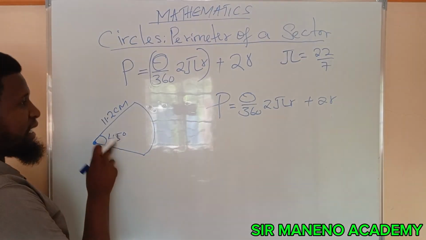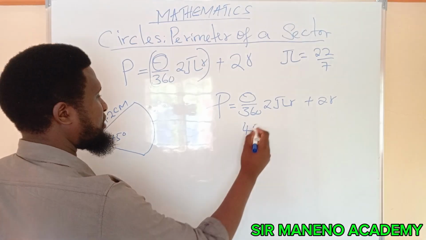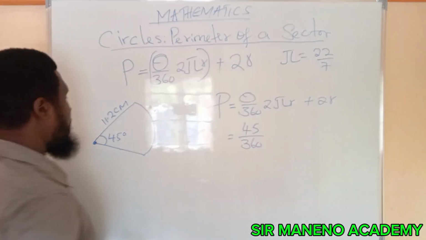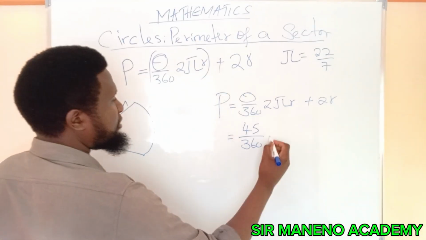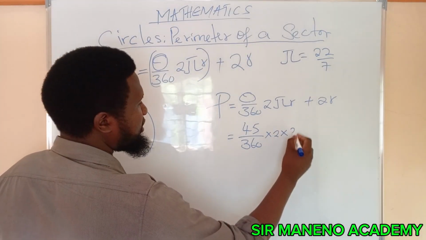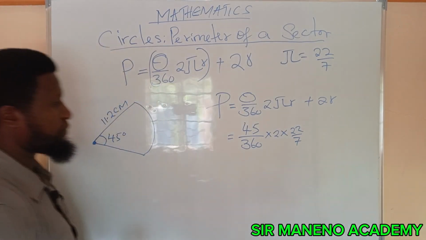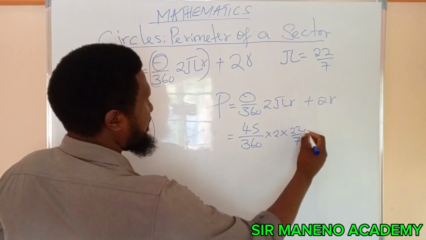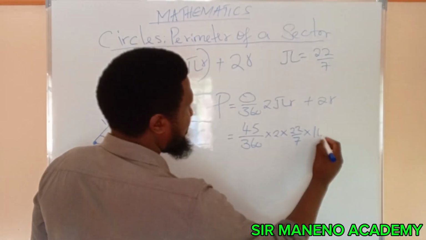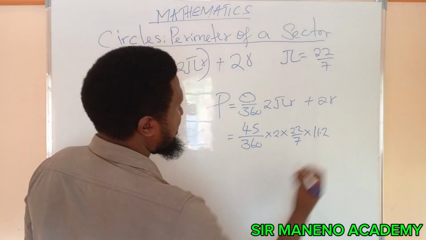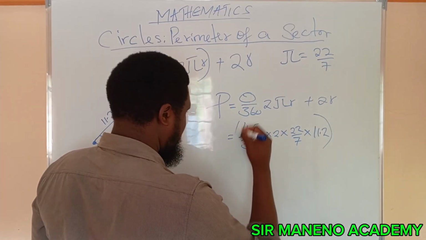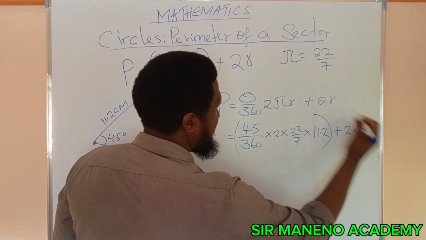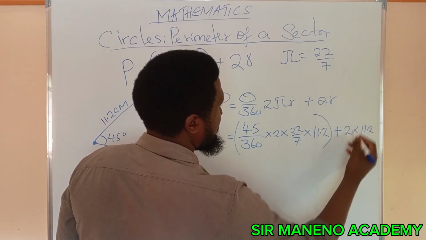We have theta, which is 45 degrees over 360, times 2 times pi, which is 22 over 7, times radius, which is 11.2, then all of this plus 2 times radius 11.2.